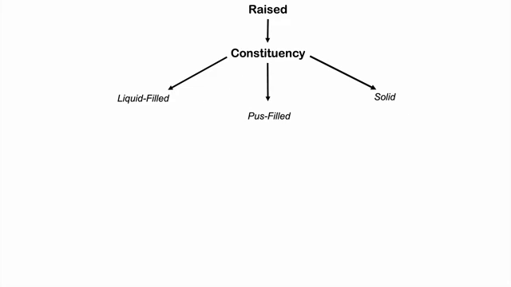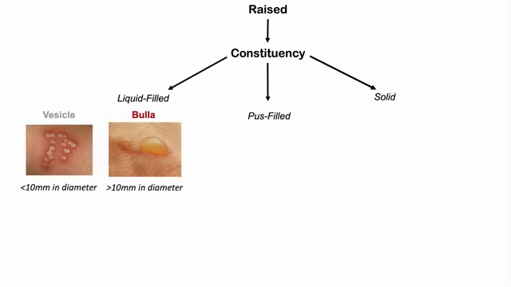If it's liquid-filled, we break it down, again using the 10 millimeter number, into vesicles, which are less than 10 millimeters and are liquid-filled raised lesions. And then greater than 10 millimeters are bulla, which are liquid-filled and raised as well. So that's really the difference between vesicles and bulla. Vesicles are less than 10 millimeters in diameter, liquid-filled and raised skin lesions. And bulla are greater than 10 millimeters, liquid-filled and raised.